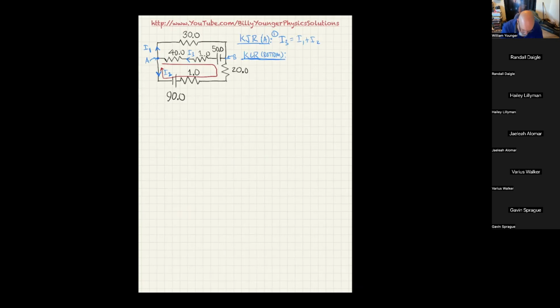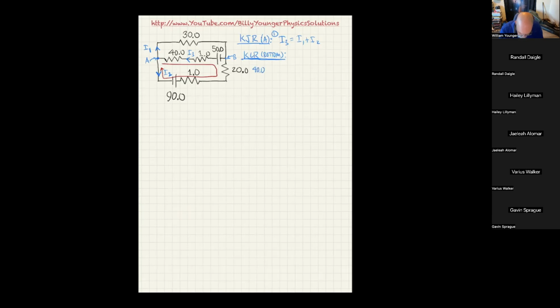So if I start at A, the first thing I run into is a 40 ohm resistor. But that 40 ohm resistor, I'm traversing it in the opposite direction of the current. So according to my rule, that's going to be a voltage increase. Then I'm going to run into a 41 ohm resistor. So basically what I'm going to get is 40.0.